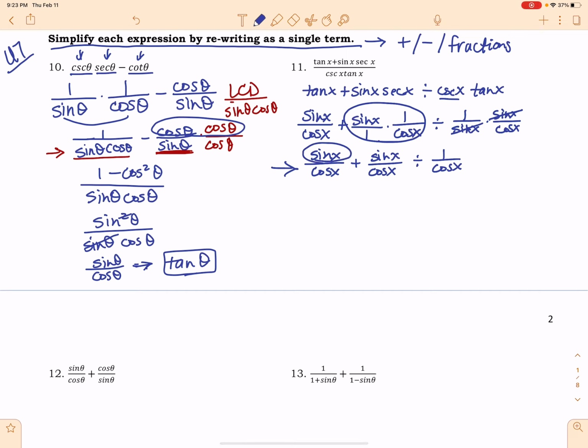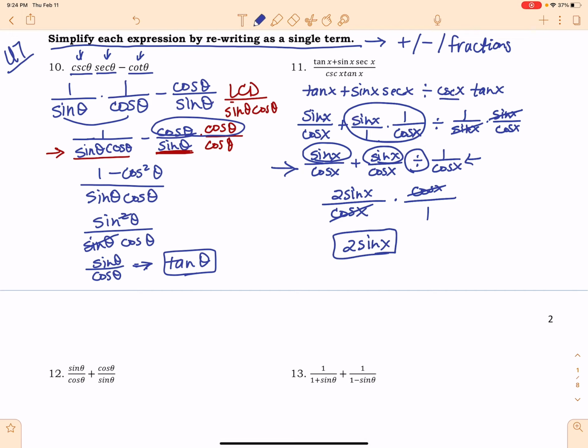So I've got sine x and sine x, so that's 2 sine x over cosine x. And then since I have division here, I'm going to multiply by the reciprocal of this. So I get to reduce, and I end up with 2 sine x. Beautiful.